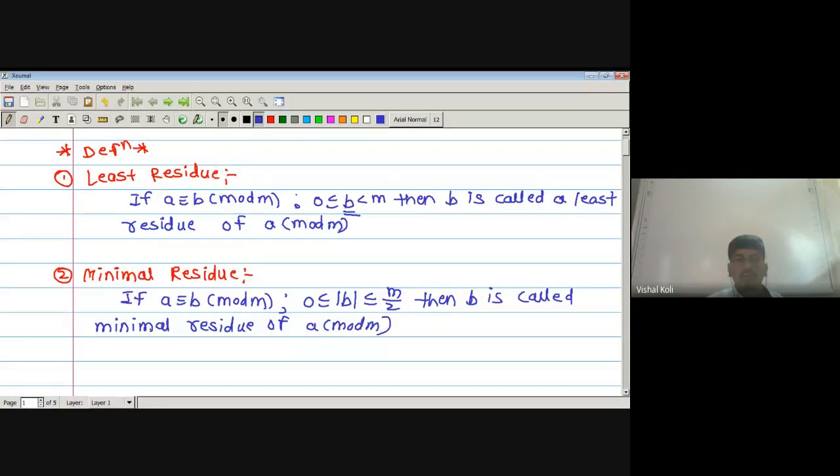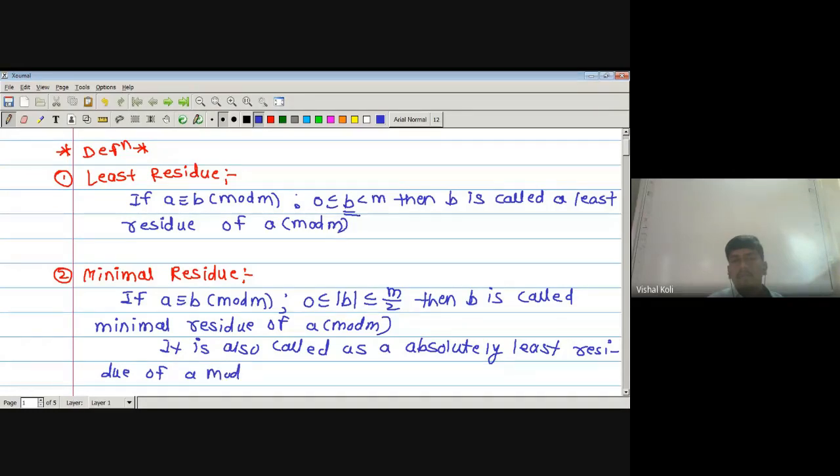It is also called the absolutely least residue of a modulo m. Okay, what is the least residue?